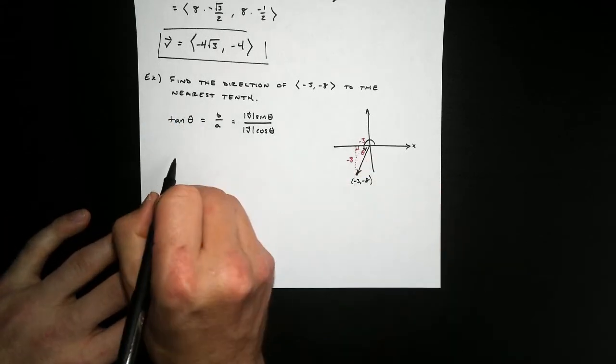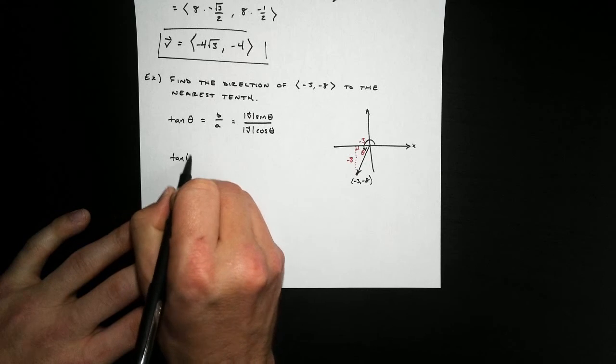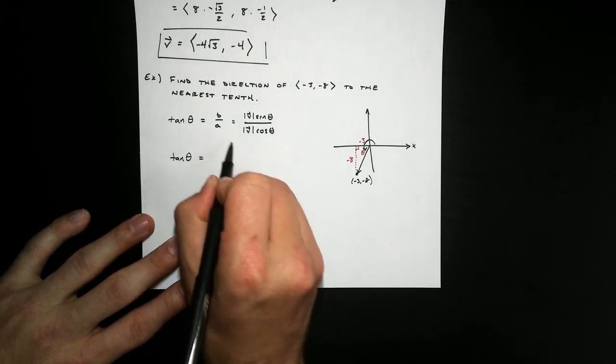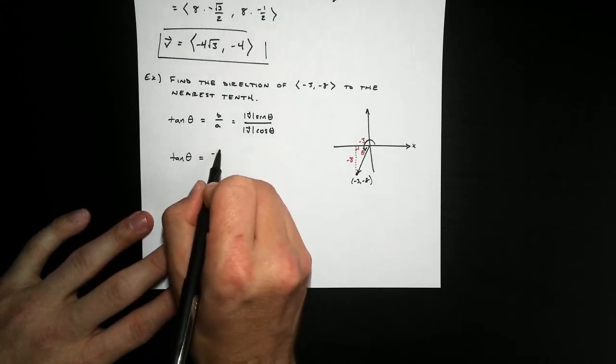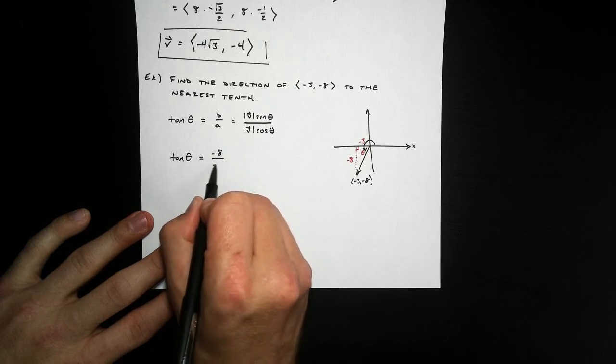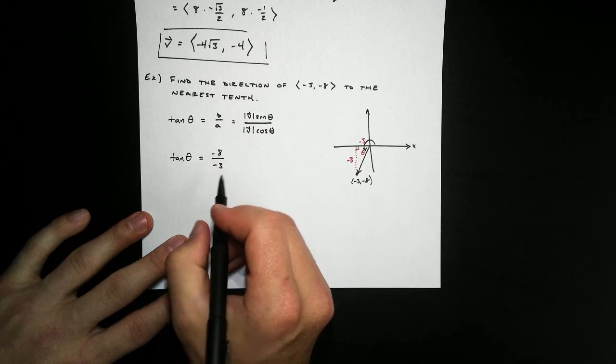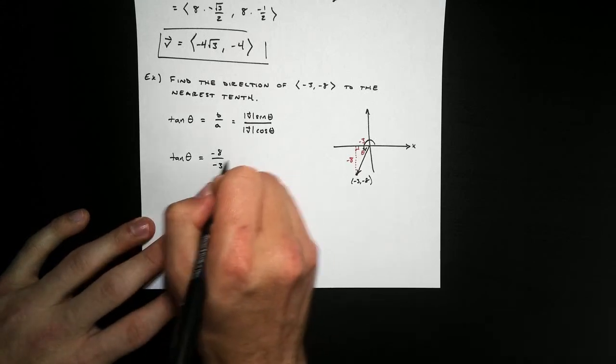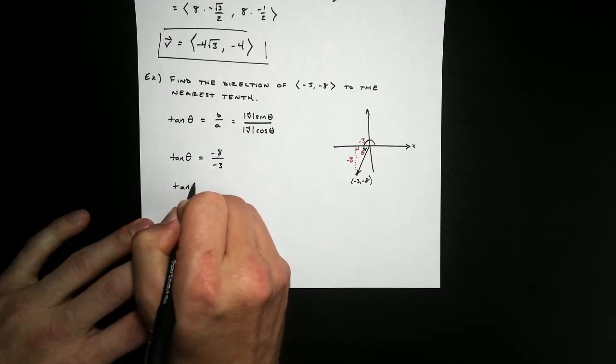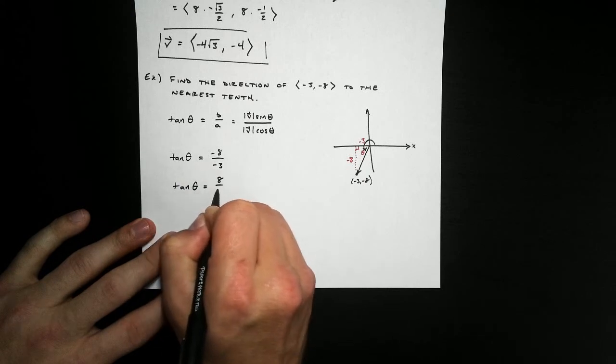So for example, for us, if I plug in b and a, we get the tangent of theta is equal to negative 8 over negative 3. Now those negatives are going to cancel out. So this is the same as the tangent of theta is equal to 8/3.